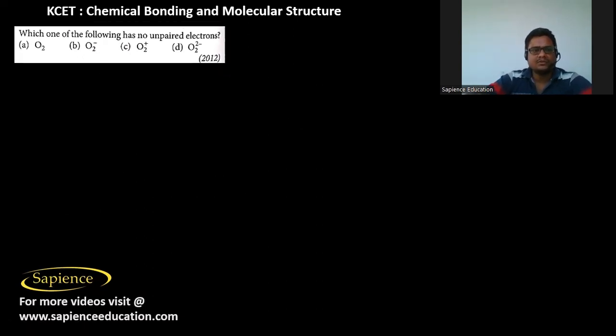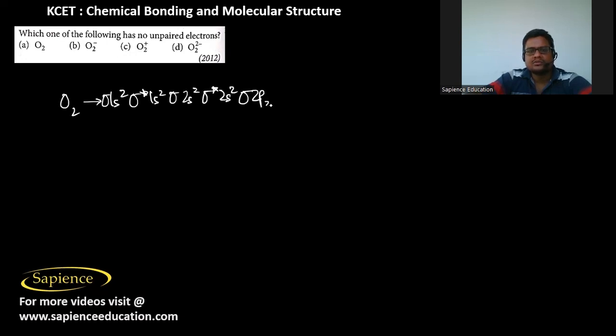Then here it is told which one of the following has no unpaired electrons. So in O2, the molecular electronic configuration for O2 we have sigma 1s2, sigma star 1s2, then sigma 2s2, sigma star 2s2, sigma 2pz2, then pi 2px2, pi 2py2, then pi star 2px1 equals to pi star 2py1.